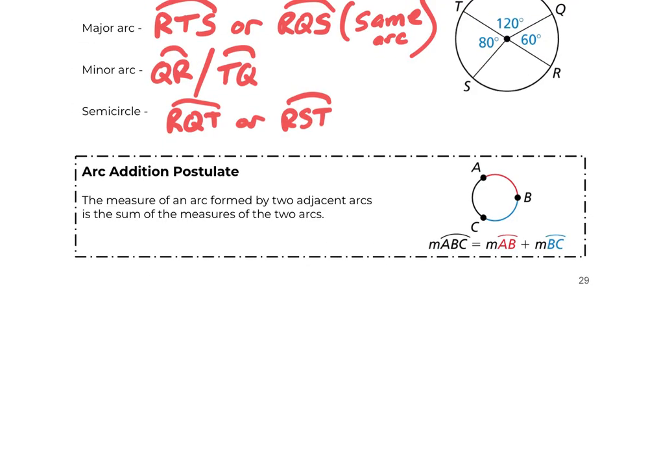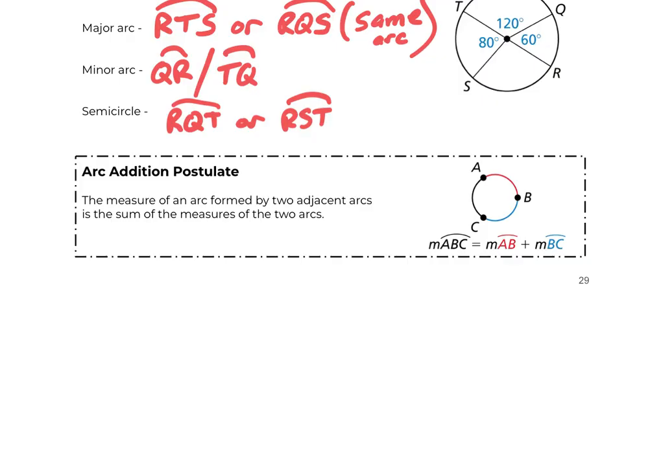Okay, the arc addition postulate goes along with all the different postulates that we've talked about throughout the year. We talked about the segment addition postulate, and with the segment addition postulate, we said if I had a segment, I can take the small segment plus the bigger segment, and it would add up to equal the entire segment. We did that with angles too. If I had two small angles inside of a bigger angle, I could add up the two small angles and get the bigger angle.